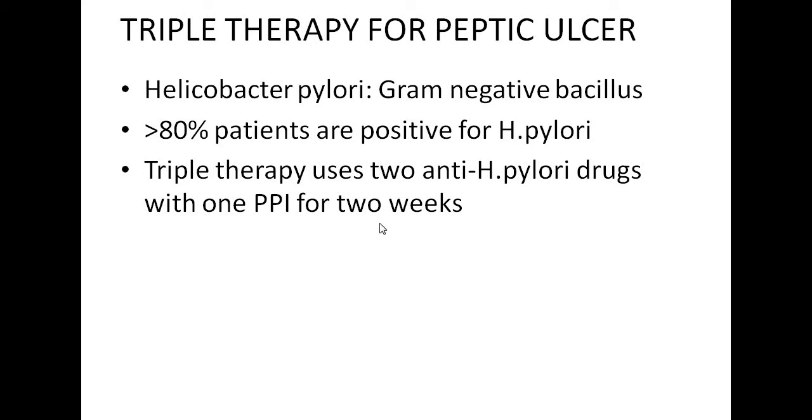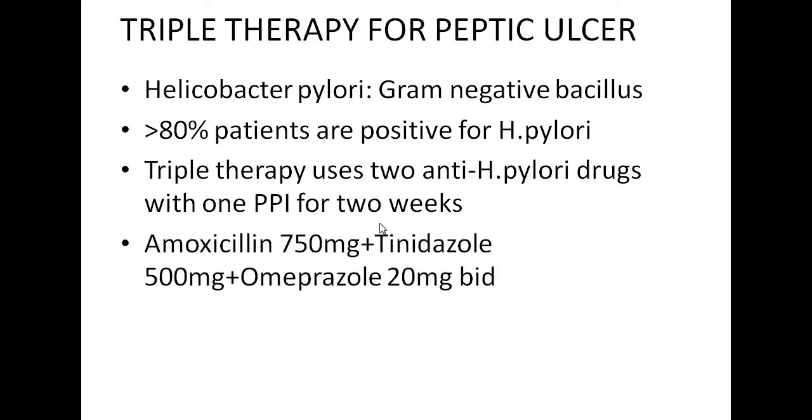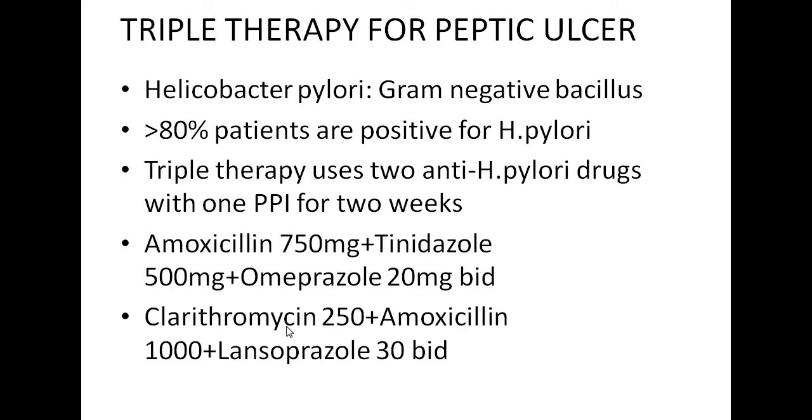There are plenty of combinations available. Some examples: amoxicillin 750 mg plus tinidazole 500 mg plus omeprazole 200 mg twice a day. The others are once a day. Or clarithromycin 250 mg with amoxicillin 1000 mg and lansoprazole 30 mg twice a day.